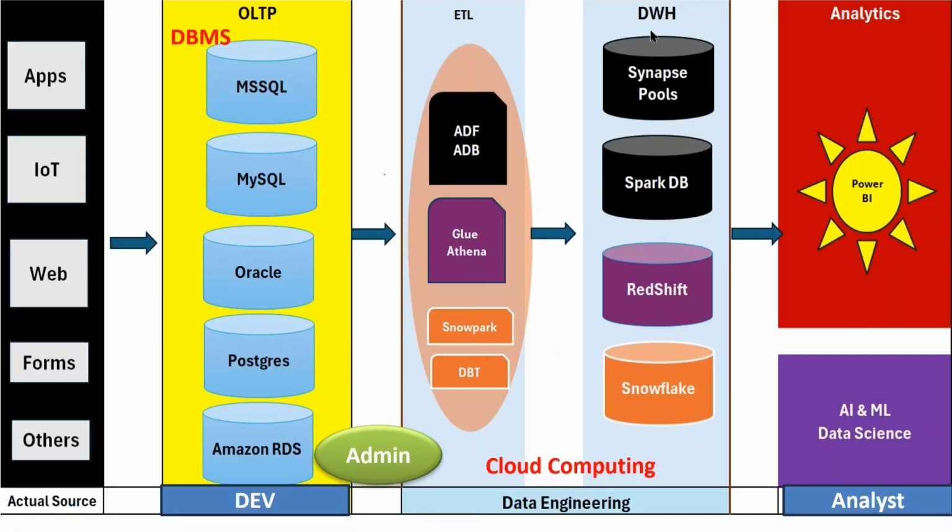So warehouse is like the godown, the storeroom. Azure warehouse, open source Spark warehouse for Databricks, Amazon Redshift, Snowflake, they're all warehouse concepts. And data engineers will take care of that ETL and warehousing activities.